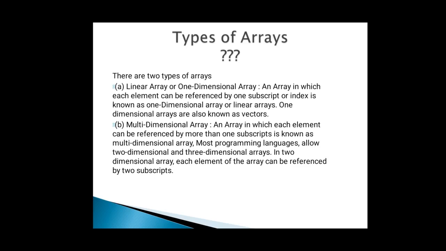Second is multi-dimensional arrays. An array in which each element can be referenced by more than one subscript is known as a multi-dimensional array. Most programming languages allow two-dimensional and three-dimensional arrays. In a two-dimensional array, each element of the array can be referenced by two subscripts or indexes.